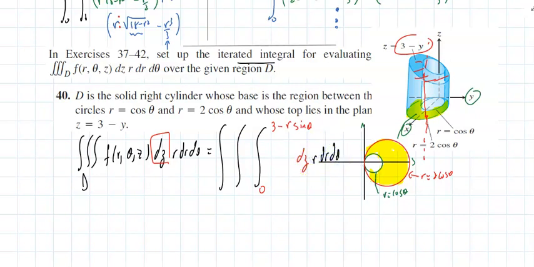We say theta runs from negative pi over 2 to pi over 2, just like we did in the previous class. And r runs from what? r runs from the cosine of theta and terminates at twice cosine of theta.